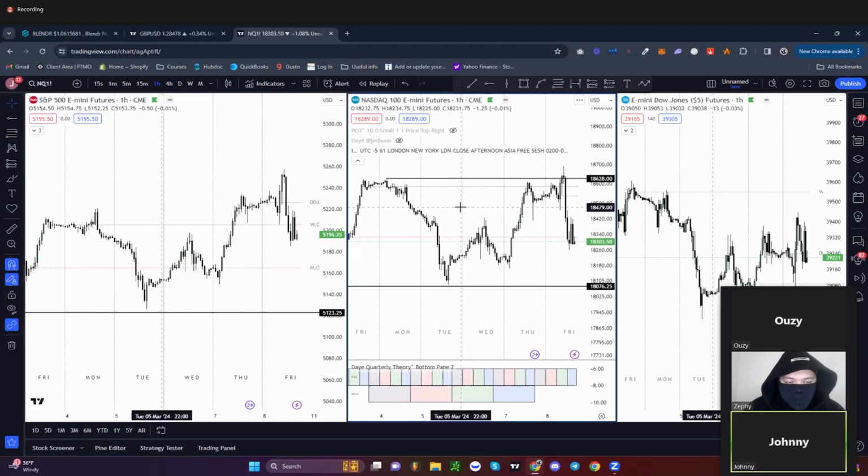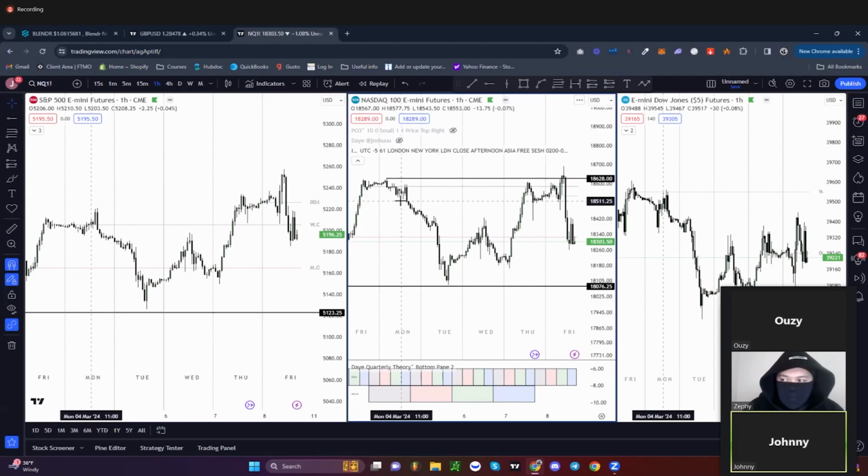You kind of have to identify it on your own. There's no indicator that's going to tell you if this is A or X. Does this look like accumulation, or does this look like X, which means reversal or continuation of the previous quarter?